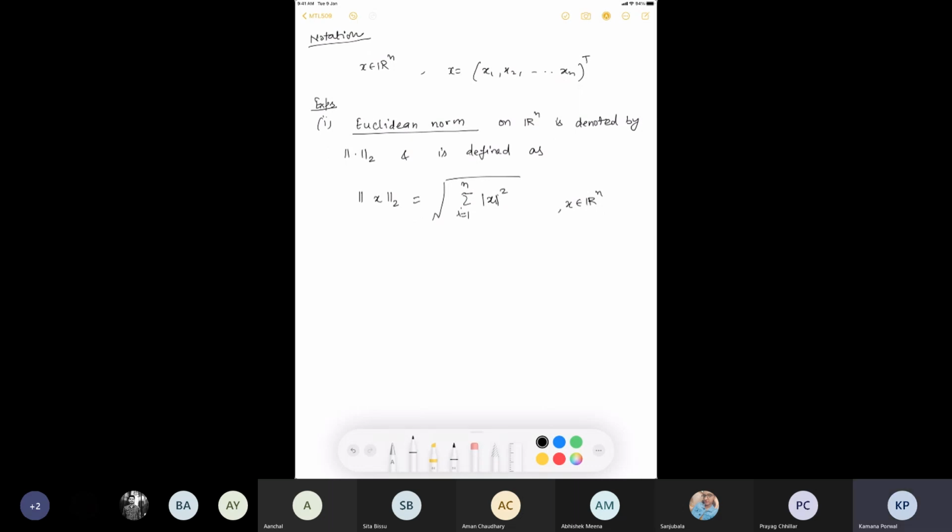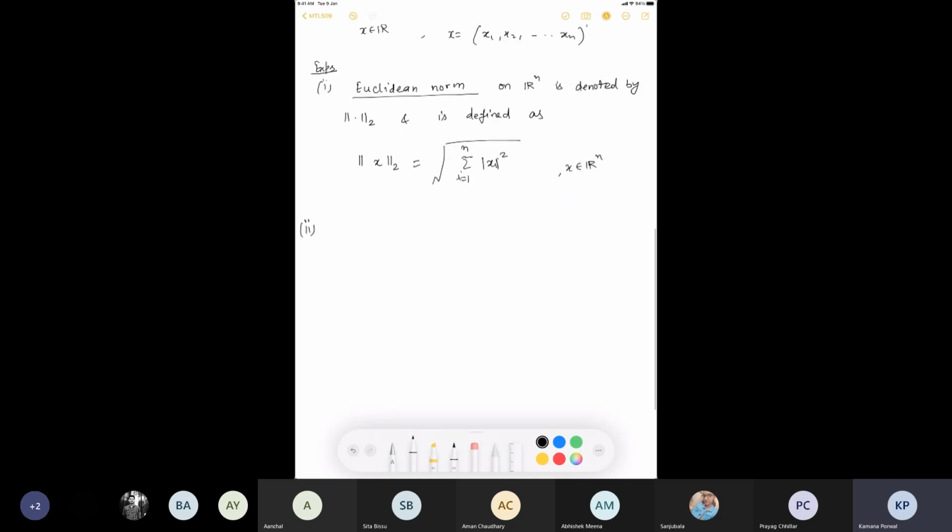Now let's see what other norms we can define on Rn. The next norm we can define is the L infinity norm, which is also called the maximum norm.